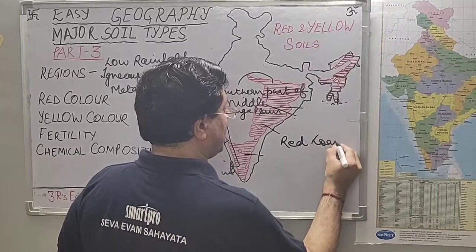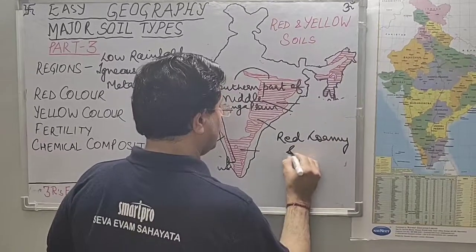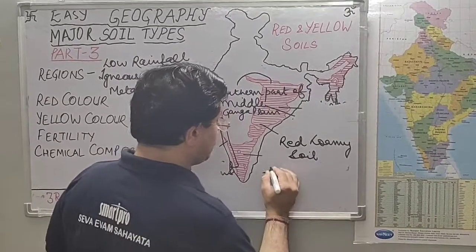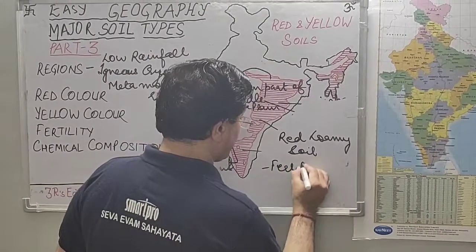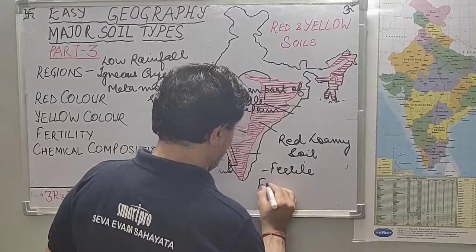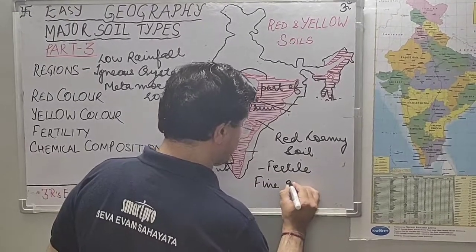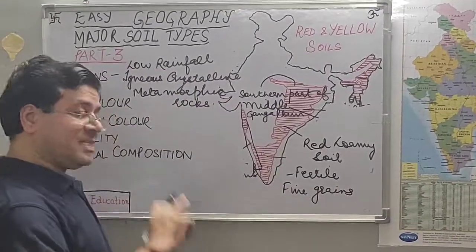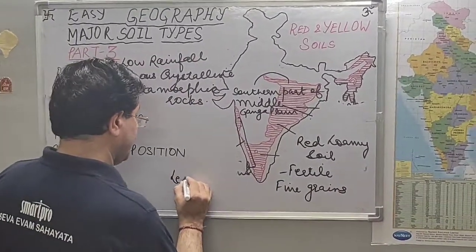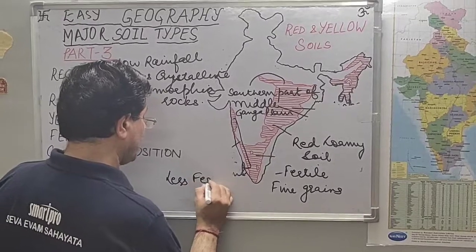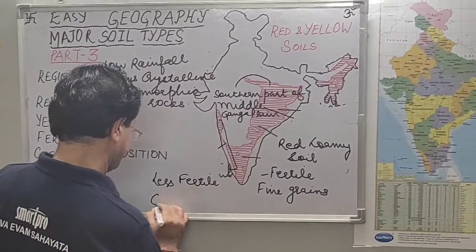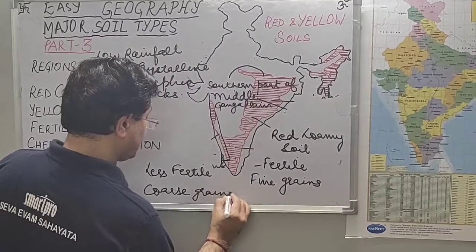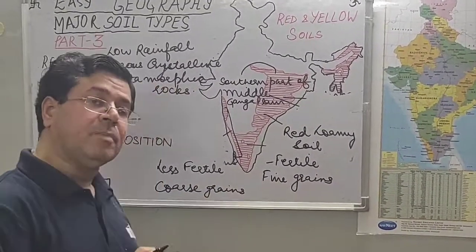They are fertile to some extent when found in the form of fine grains, and less fertile when found in the form of coarse grains.